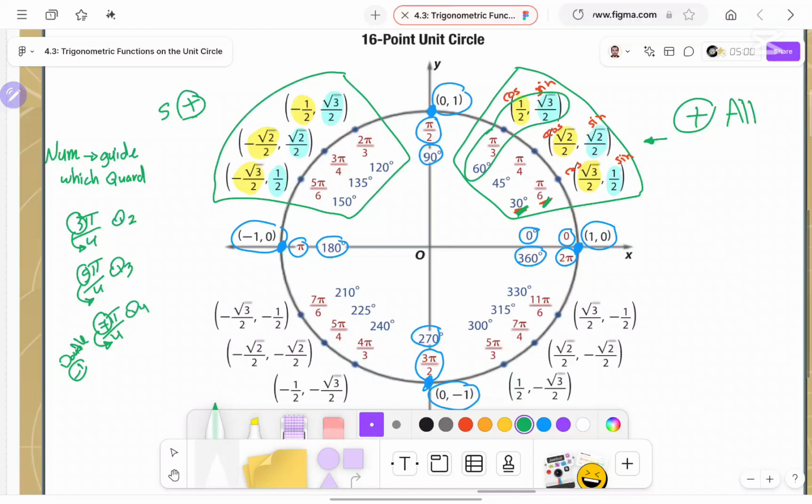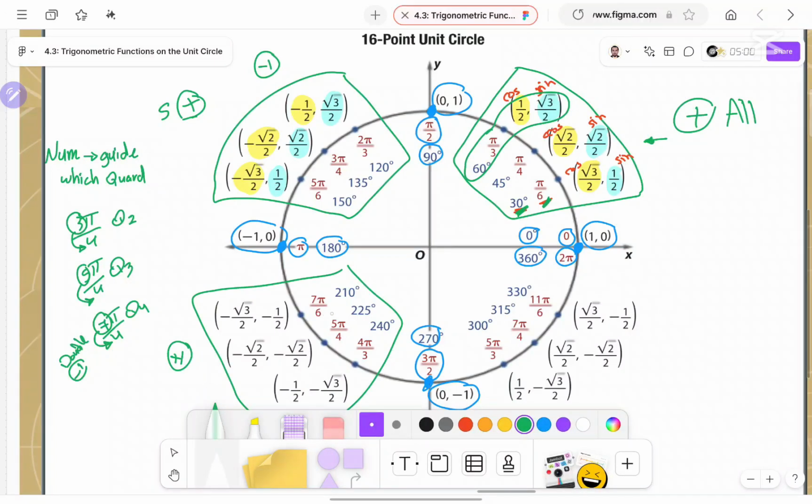So this is the rule that you need to memorize. In quadrant 2, the numerator is the denominator minus 1. So 2 pi over 3, 3 pi over 4, 5 pi over 6. In quadrant 3, it's more than the denominator by 1.